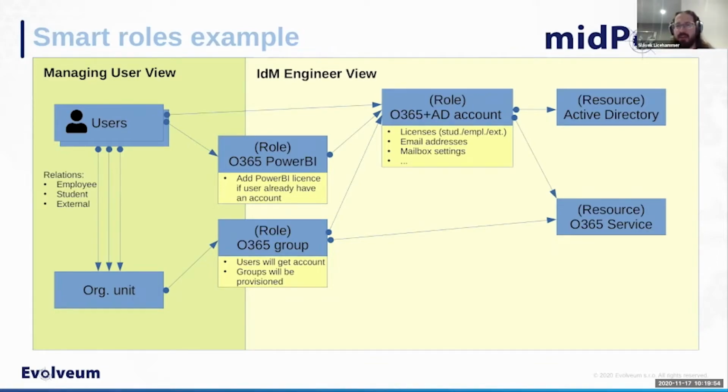And same thing with some extra licenses, like licenses for Power BI. Again, the management of the license can be made available for the users, for someone who's managing licenses, for example, some manager. But the identity engineer and their team will design this role and, for example, put some policies there so you don't use more licenses than you have bought.